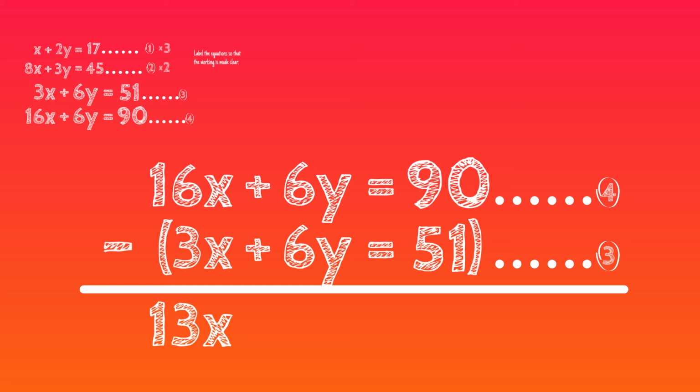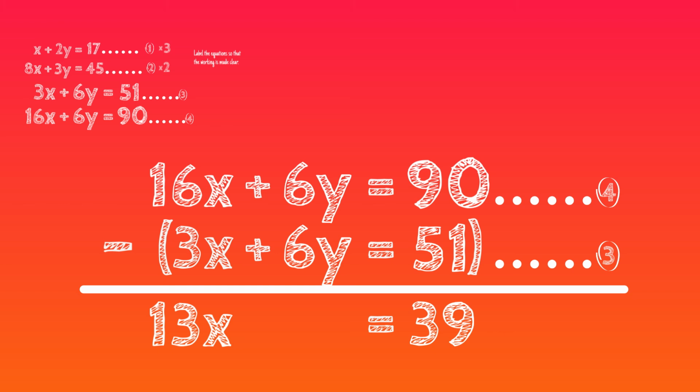The minus sign outside the bracket changes the positive sign inside the bracket to a negative sign in the second equation. So 6y take away 6y, we get a 0. So we have eliminated the y term. And then it becomes 90 take away 51 gives us 39. So 13x is equal to 39.